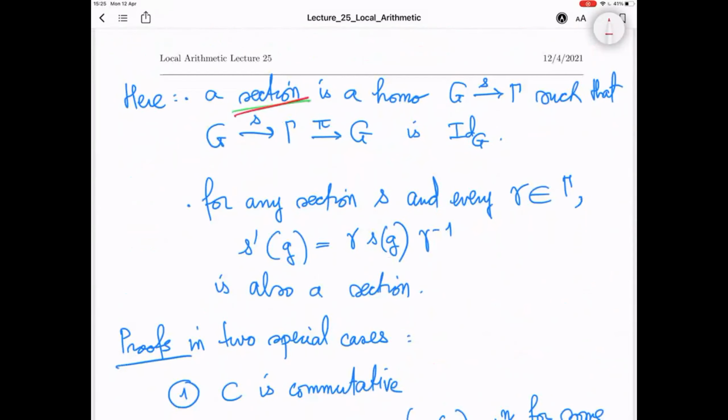So what is a section? A section is a map from G to gamma. Map means a homomorphism of groups such that this composite is equal to the identity.